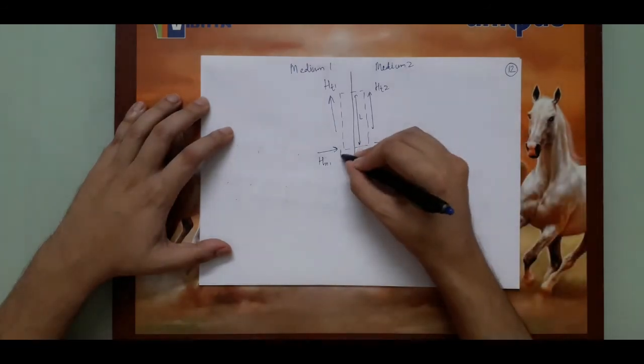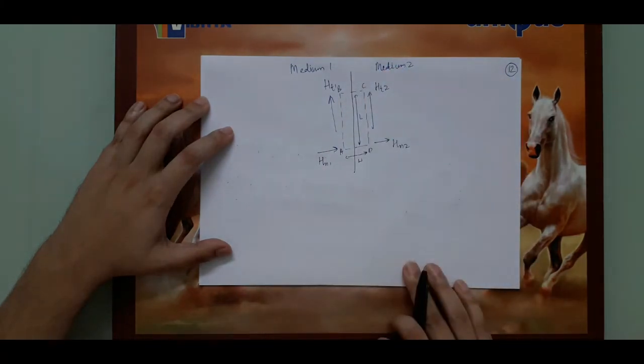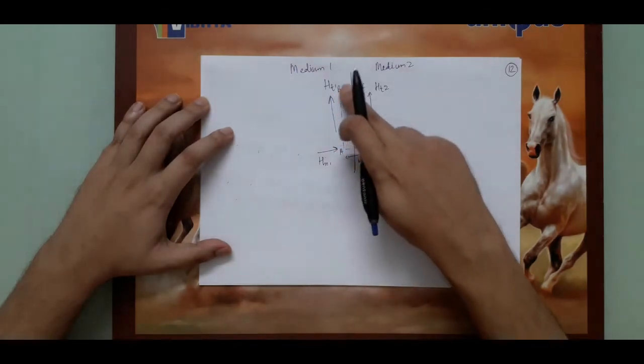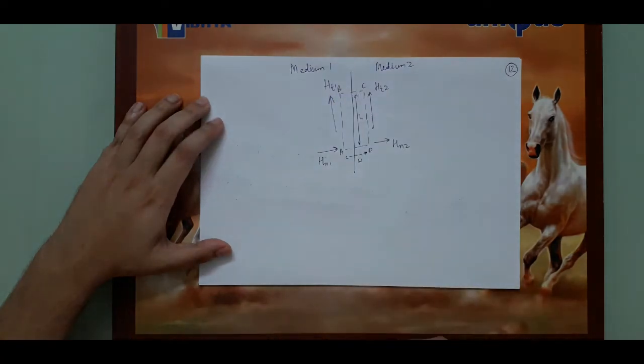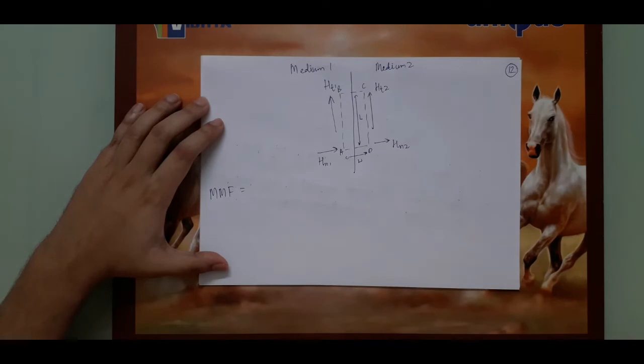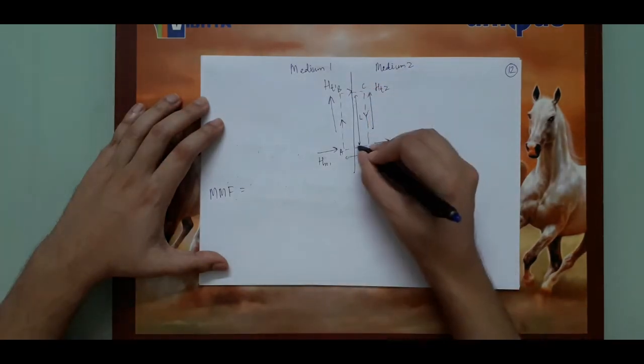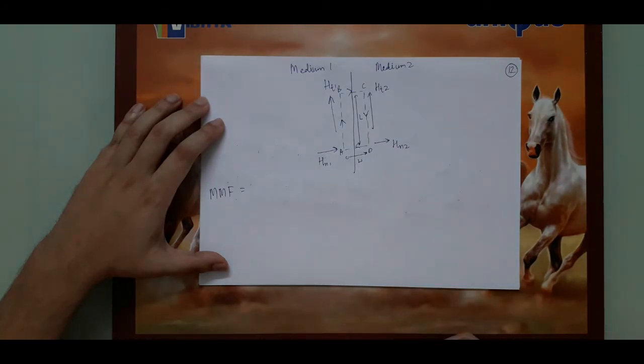So again, if I now apply Ampere's law by integrating the magnetic field around this closed path, what will I get? The magnetomotive force is nothing but, let us mark the direction of integration, which is clockwise.